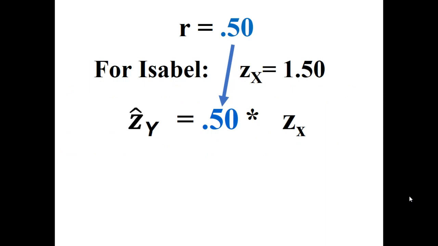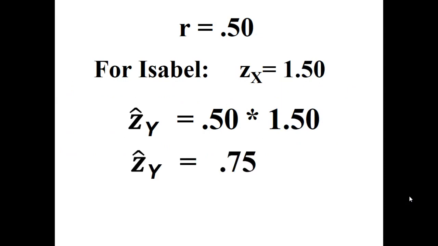First, we see that R equals 0.50. So we'll substitute that value into the magic formula. Next, we see that z of x equals 1.50. So we'll substitute that into the formula. Then we'll do the algebra. It's not hard. 0.50 times 1.50 equals 0.75. And this is our answer.